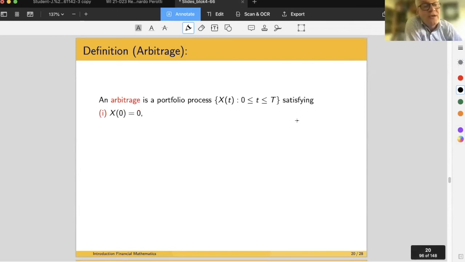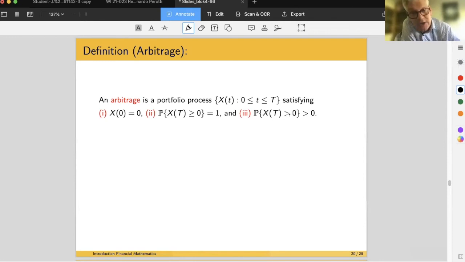At initial time, X0 is equal to 0. And then the probability that X at final time is larger or equal to 0 is equal to 1. And moreover, the probability that X at final time capital T is larger than 0 is greater than 0.